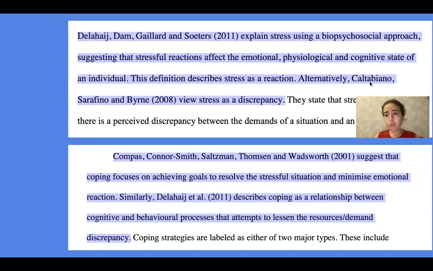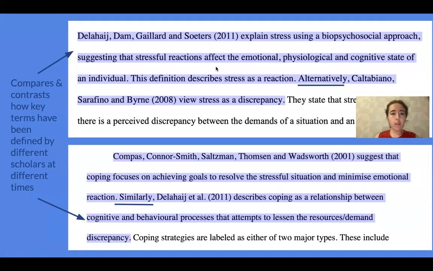Alternatively, Caltabiano, Serafino, and Byrne, these authors, view stress as a discrepancy, right? So here, what is happening? Oops, so here we have a contrast, right? So these people define it this way. Alternatively, so here's a signaling word. These people define it another way.